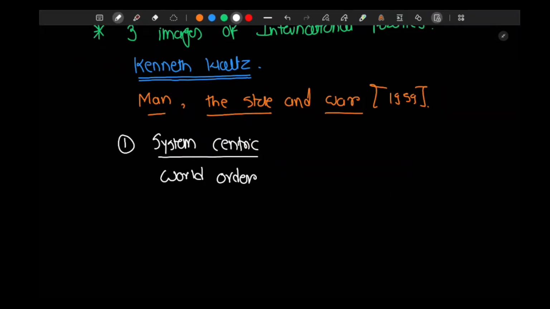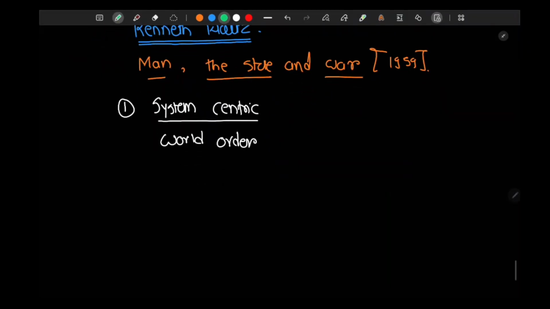World order. I'll try to explain this word, world order, by a meme, or we'll understand this by a pyramid. In world order, understand this like a pyramid: lower income states, middle income states, higher income states, and then there is America. This is order.